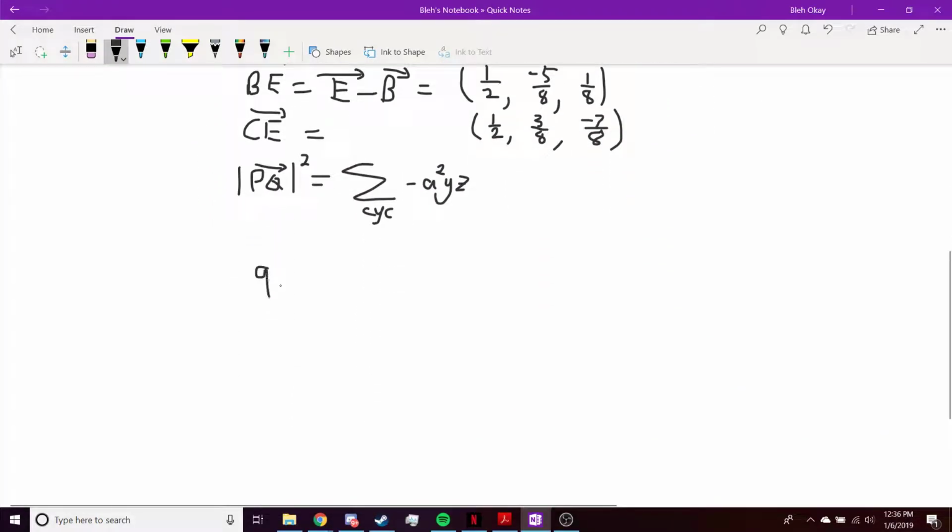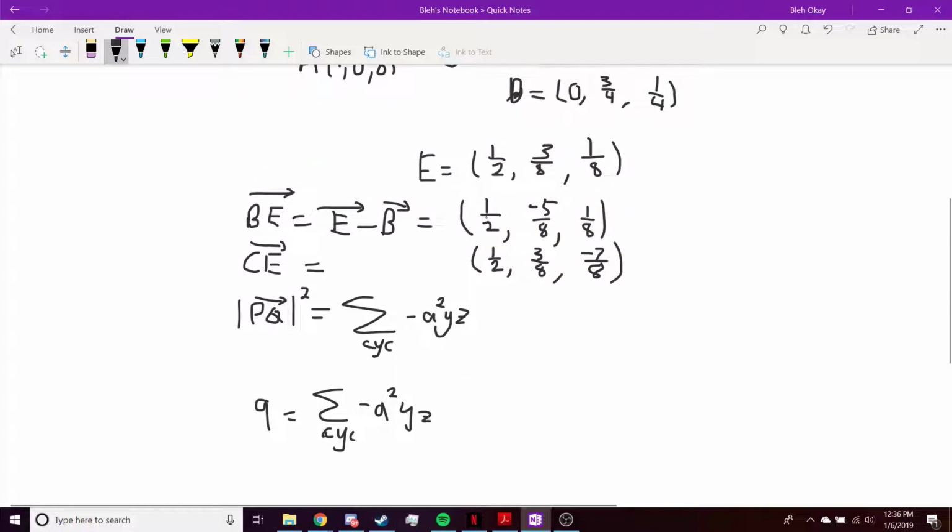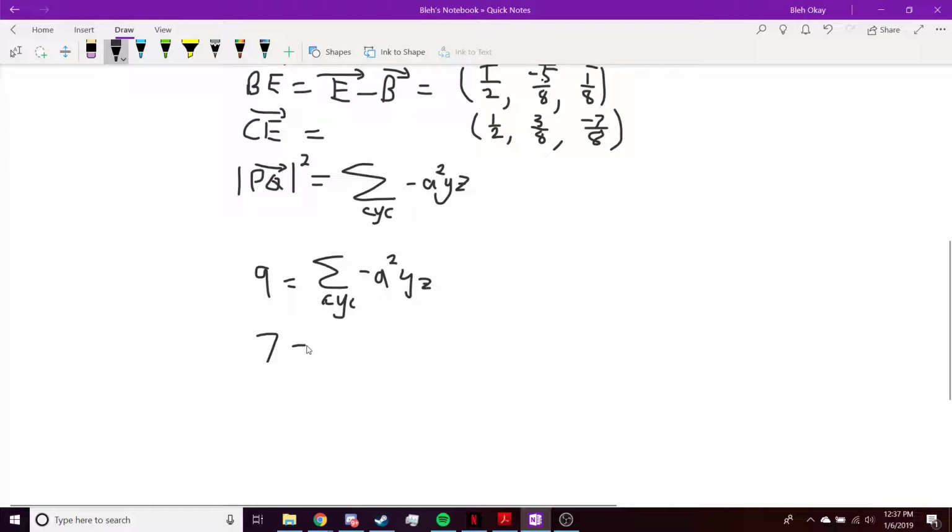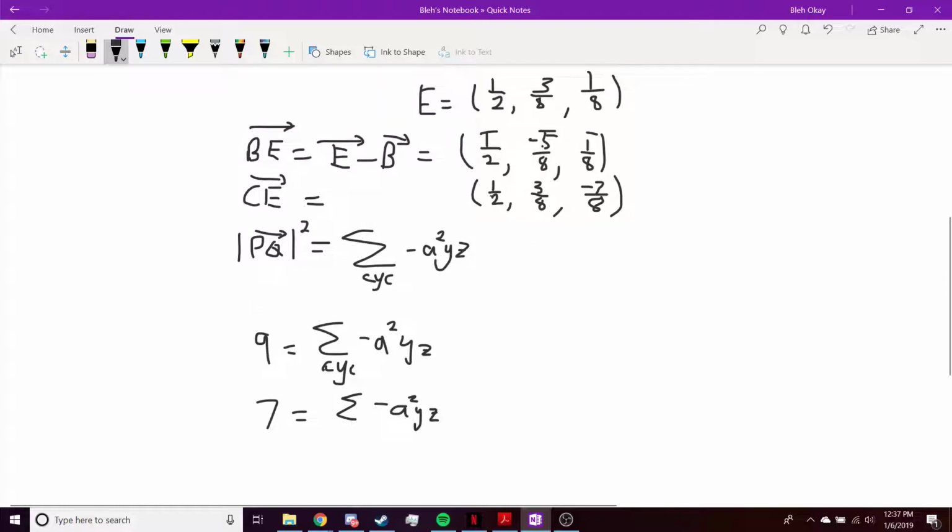So we get 9 equals the cyclic sum of -a squared yz, where x, y, and z are these values. And 7 is equal to the cyclic sum of -a squared yz, where these values are x, y, and z, pulling from CE.